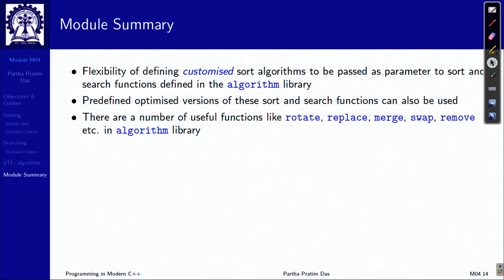What we have seen in this module is that the C++ standard library has all the same functionality as the C standard library, but in a more convenient way in the algorithm component, and in addition it provides a lot of additional functions which are commonly used in writing different programs.